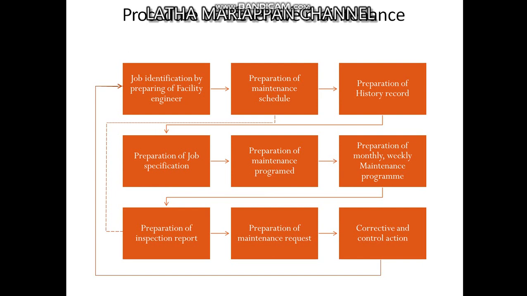So what is the procedure of preventive maintenance? This is the procedure, and we'll see it block by block. The first block is job identification by the facility engineer, then preparation of the maintenance schedule, preparation of history record, preparation of job specification, preparation of maintenance program, whether monthly, weekly or yearly, preparation of inspection report, preparation of maintenance request, and corrective and control action.